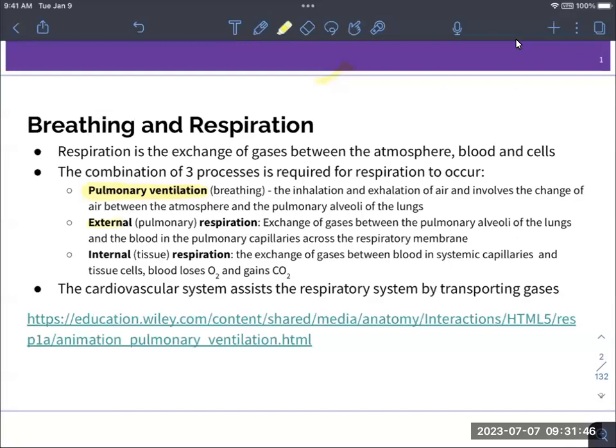We have external respiration, and this is gases between the alveoli, which are the smallest part in the lungs where gas exchange can actually take place, and the blood in the pulmonary capillaries. So this is what's happening. Internal respiration is where we exchange those gases.